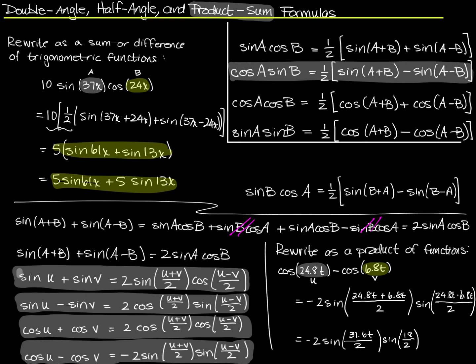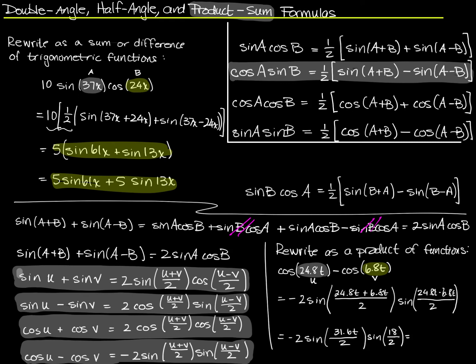And then my last step will be to reduce these expressions inside the parentheses. 31.6 divided by 2 is, so I'm going to get negative 2, the sine of 15.8t times the sine of 9. And this, I'm sorry, I ran out of room again. That's so typical for me. This is my final answer, recognizing that this is a product, 2 times the sine times the sine.